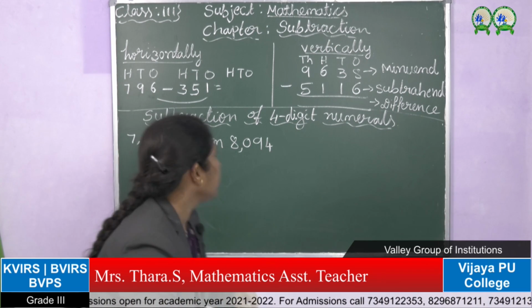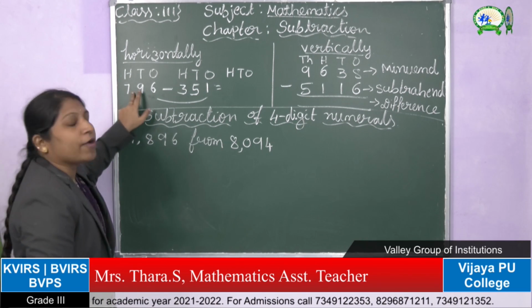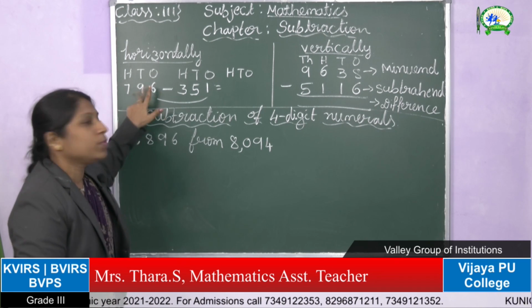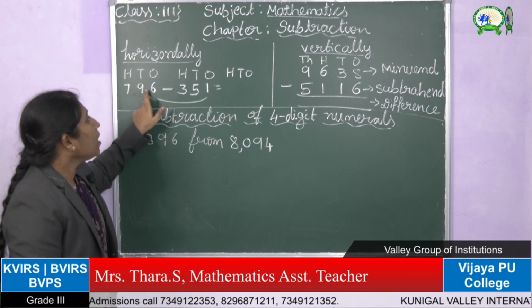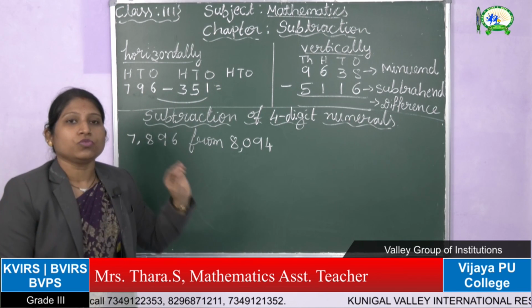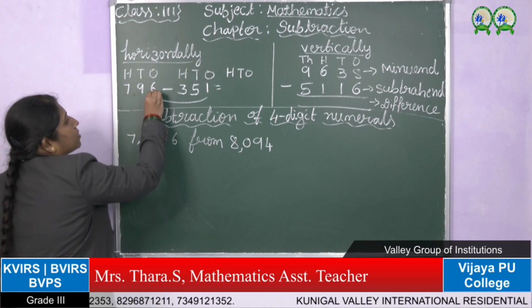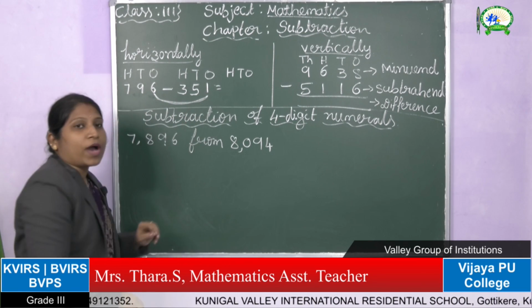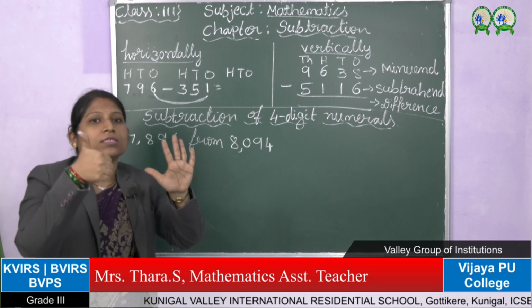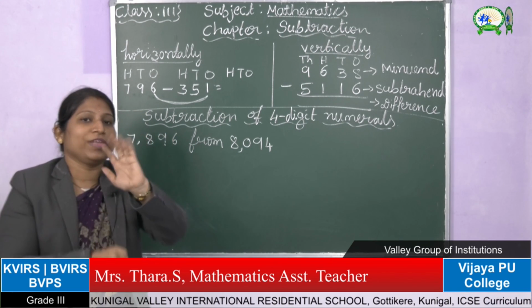To do this, you have to place the given numerals horizontally, okay, and start with the ones place digits to subtract. See here, 6 is there, so you have to subtract 1 from 6. If you subtract 1, you will get 5.